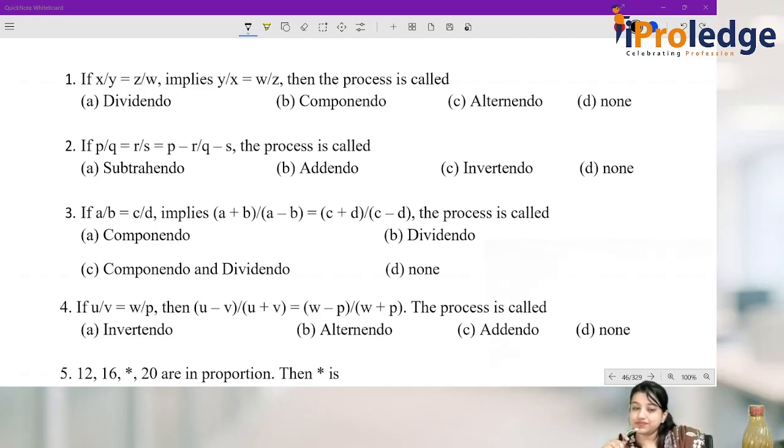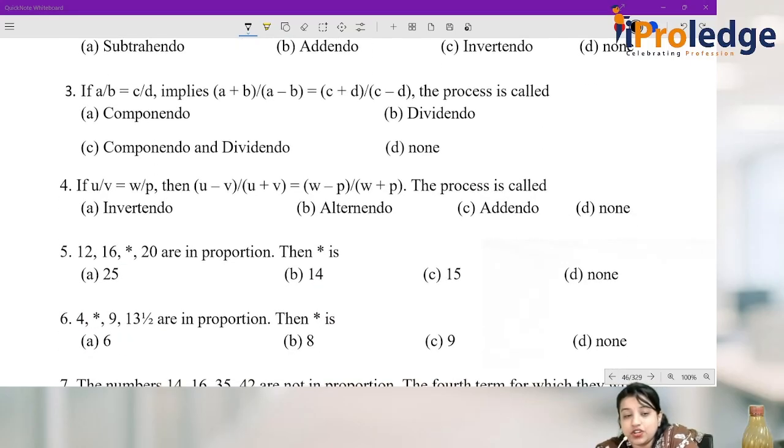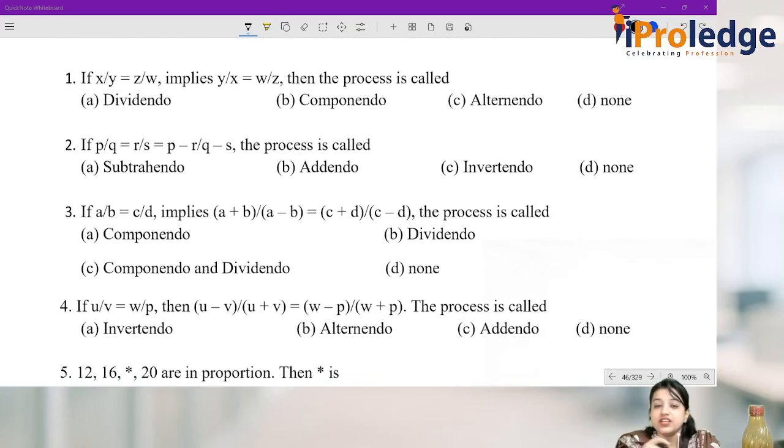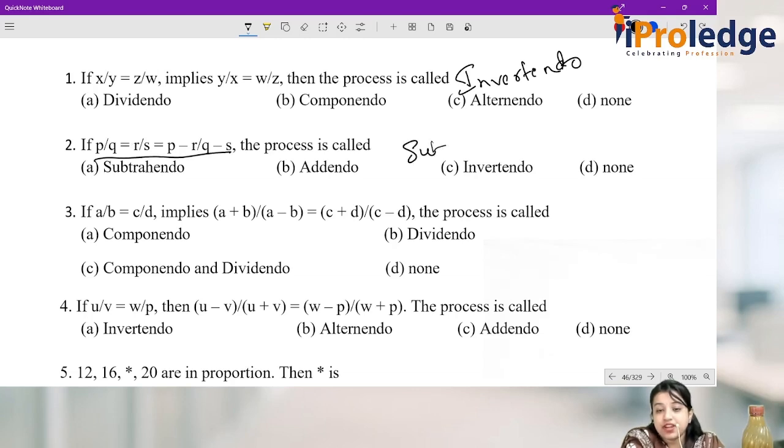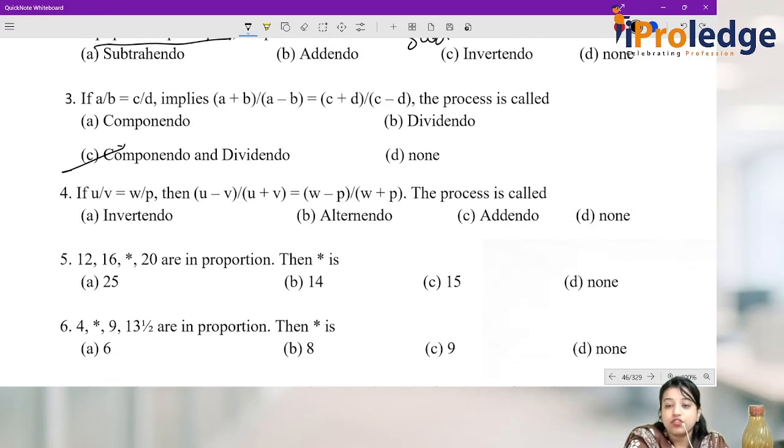Fourth one, dividendo and componendo. Very good. Because we have minus first and then plus, it is dividendo and componendo.